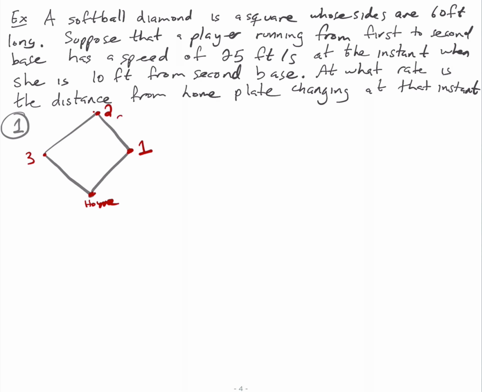Okay, so the player is somewhere over here, and the player's running this way, at 25 feet per second. What else should I put down on my picture? 60 feet. Yeah, so this is 60. It's a square, so they're all 60 feet. What else? 10 feet from second base. Okay, 10 feet.